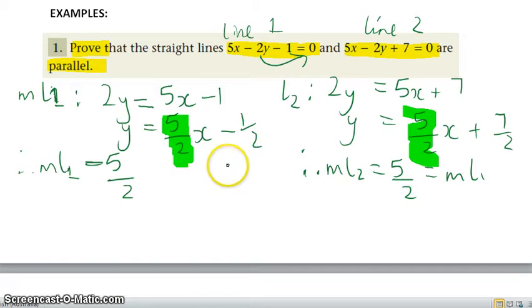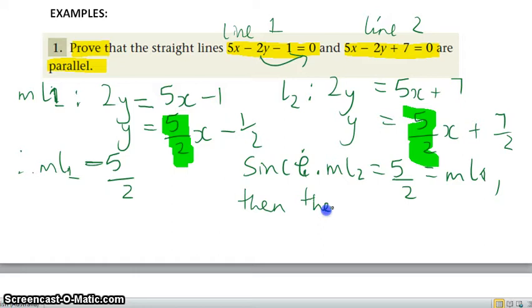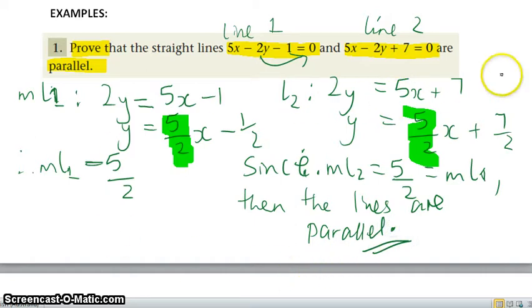Since the gradient of line 2 equals the gradient of line 1, the lines are parallel. It's a proof, so you've got to show a bunch of numbers and calculations with a statement. It's really important.